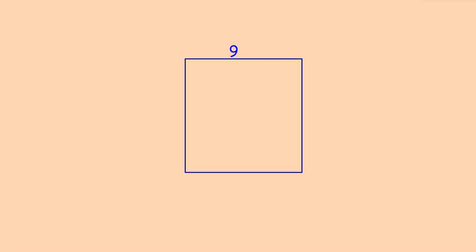Consider a square of side 9 units. You have to find out its length of the diagonal. Let ABCD be the square. Now, to find out the length of the diagonal BD, we can use Pythagoras theorem.